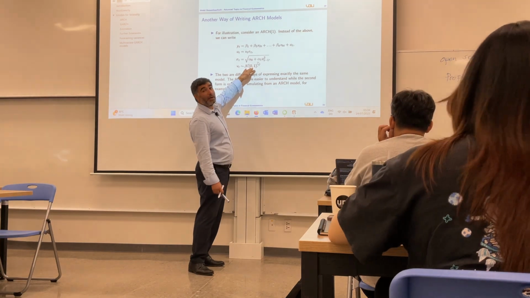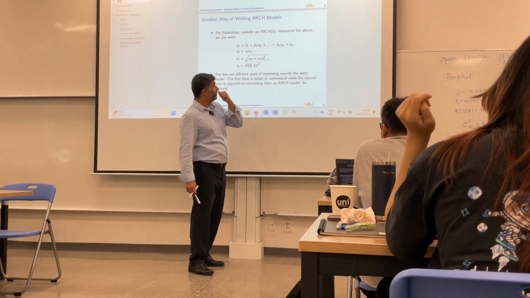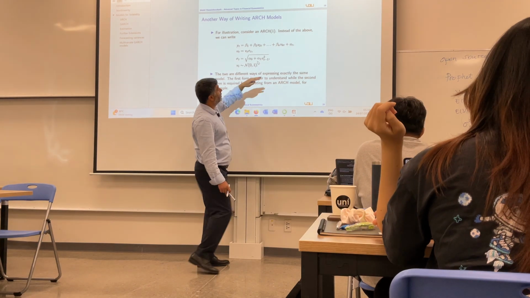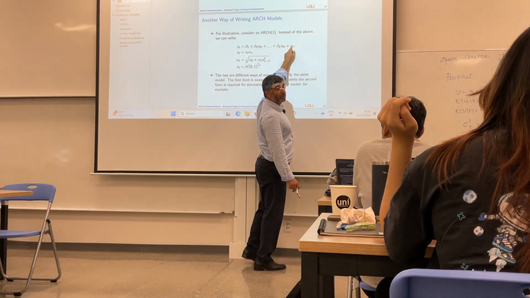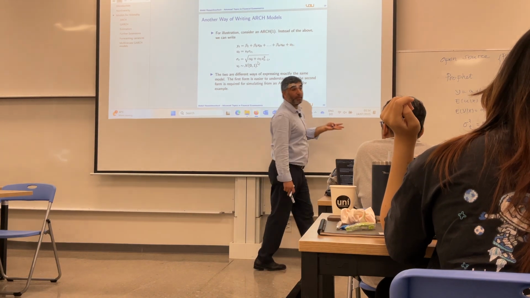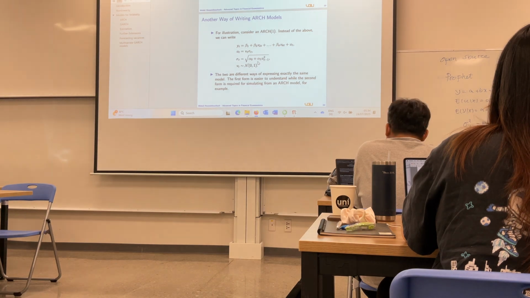But the classic is the one where you assume that it is normal, with zero mean. So it means that the shocks are assumed to be conditionally normally distributed, with the variance which is sigma t squared.